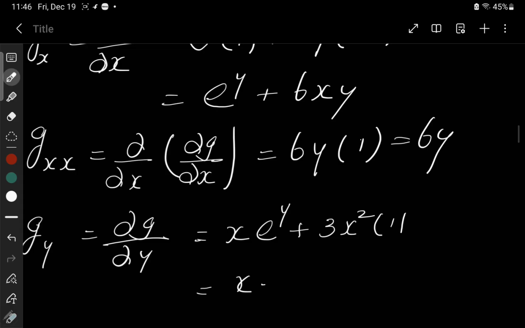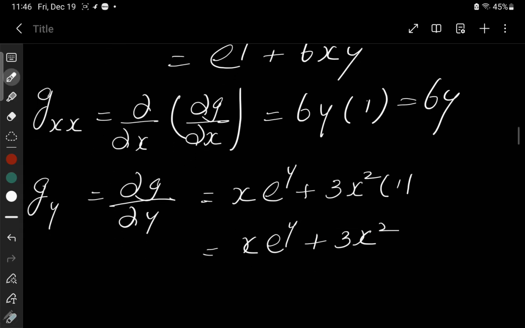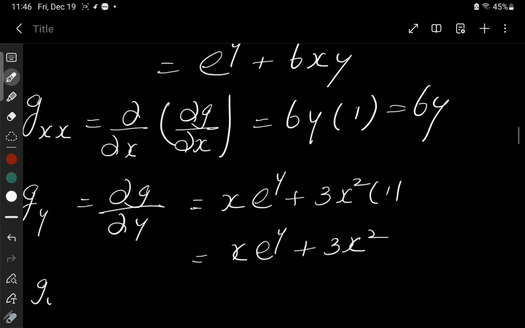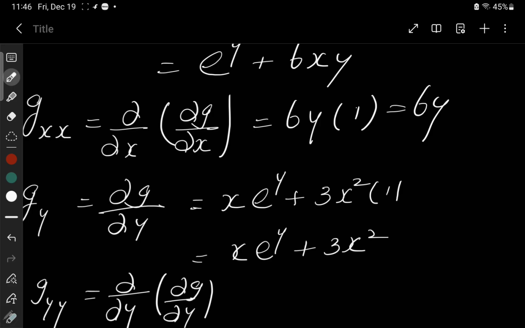So x e power y plus 3x squared. Find gyy. Differentiate partially this gy, that is dou g by dou y. Here x is constant. If I differentiate e power y, then x term we will get 0.